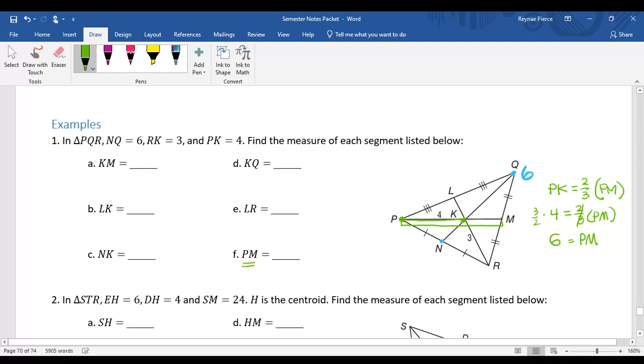Which is one of our segments here that we're trying to find. And if P to M is 6 and P to K is 4, that means K to M is 2.